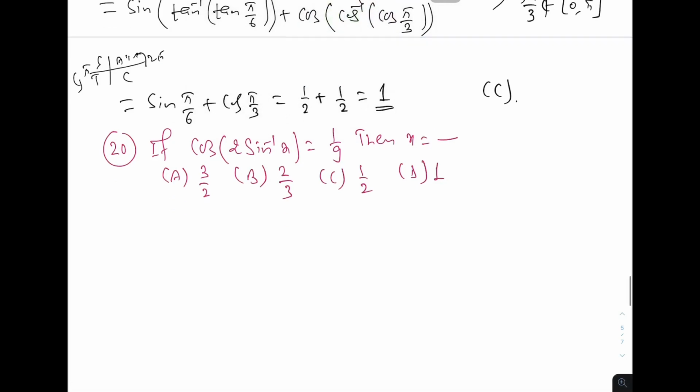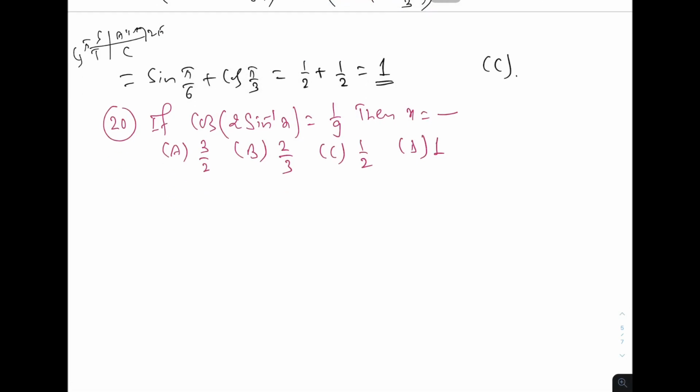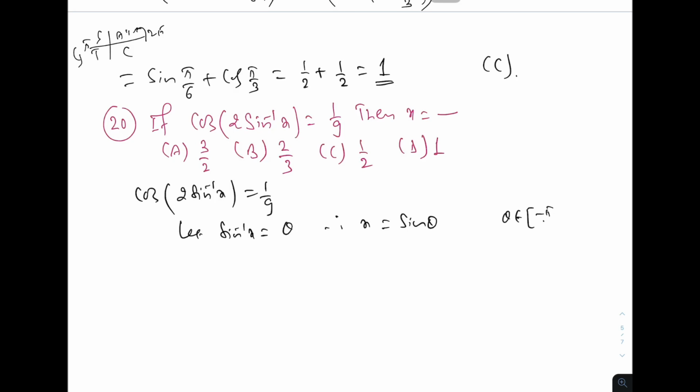So let us see, cosine of 2 sine inverse x is 1 by 9. Let sine inverse x equal to say theta, and therefore x equal to sine theta. Theta belongs to the closed interval minus pi by 2 to pi by 2.